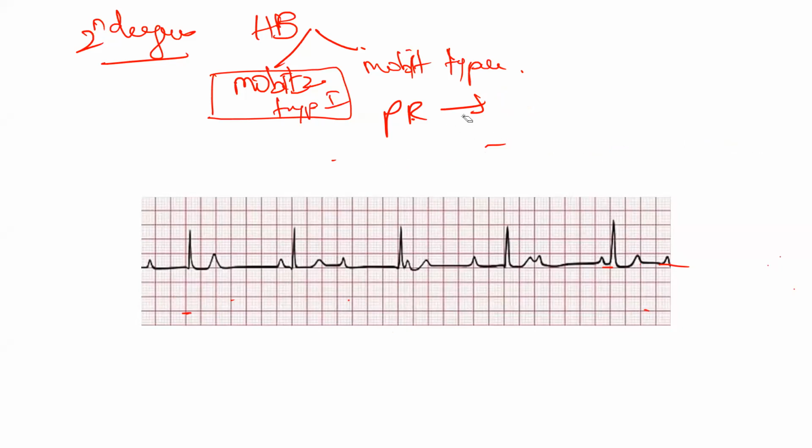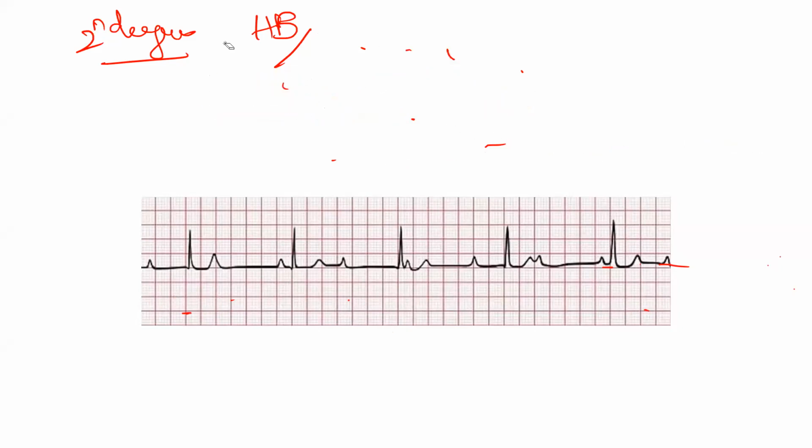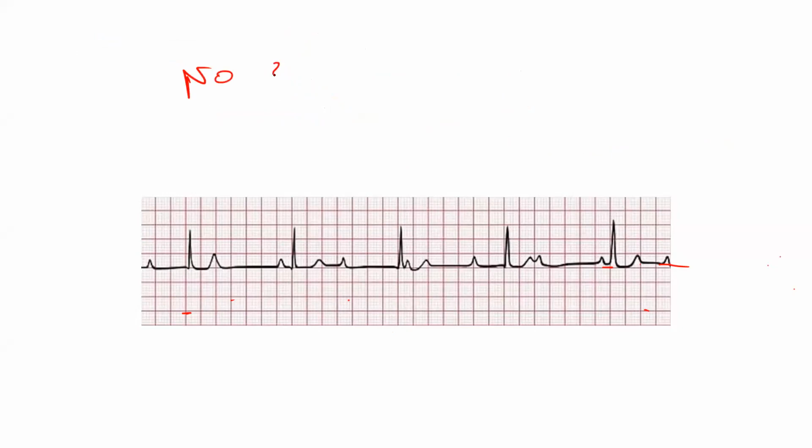One question, sir. Can't it be a third degree heart block, sir? Because in third degree heart block, there is no association between P waves and QRS complexes. But if you see here, after the third QRS, the P waves are followed by QRS complexes.